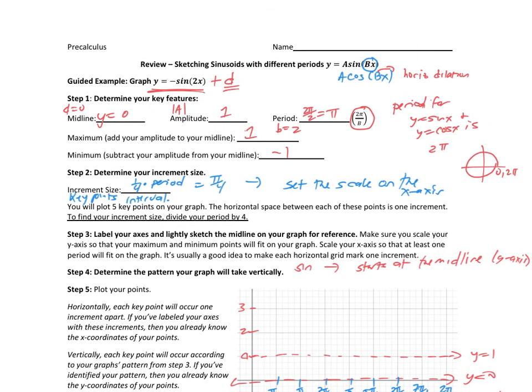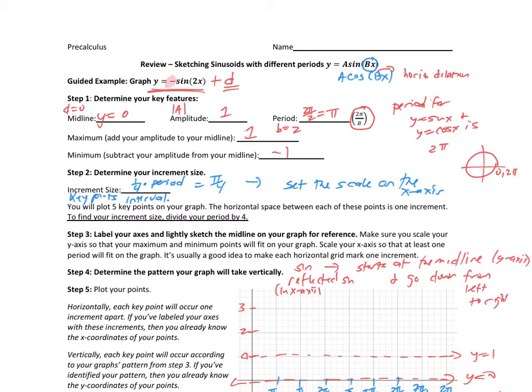Since we have a negative in front, a negative sign, this graph is going to be reflected. So I'm going to write that down. This is a reflected sine graph, reflected in the x-axis. So that means it's going to start at the midline and go down as we go from left to right.